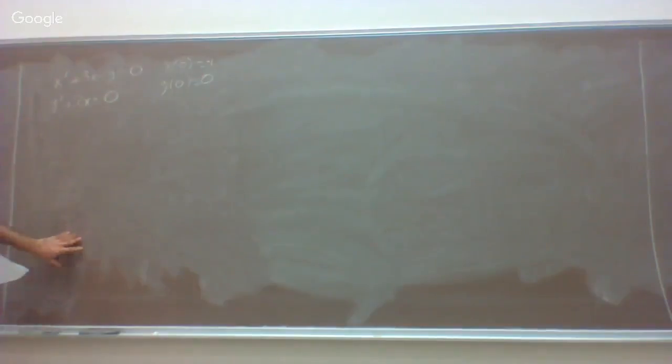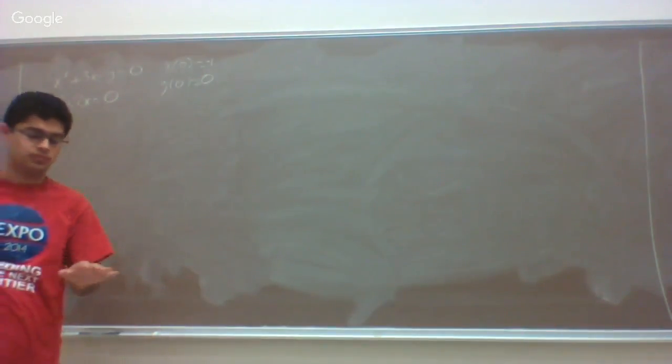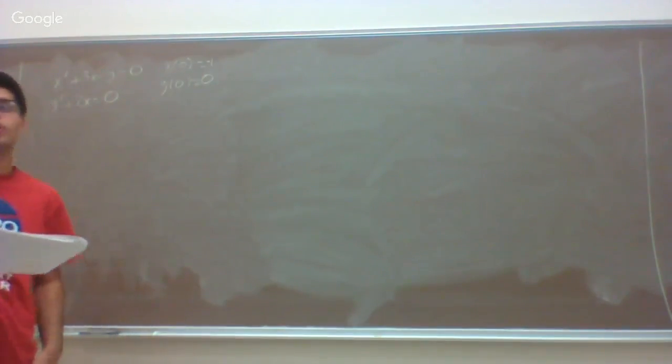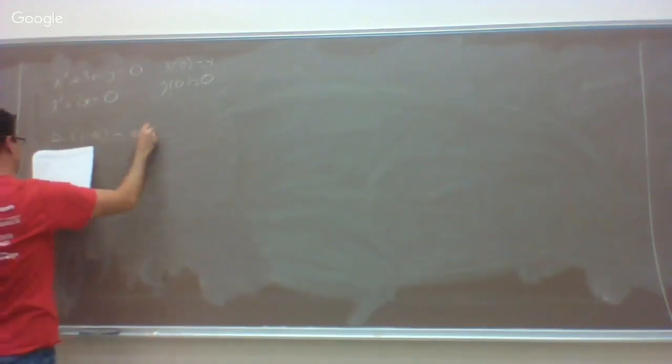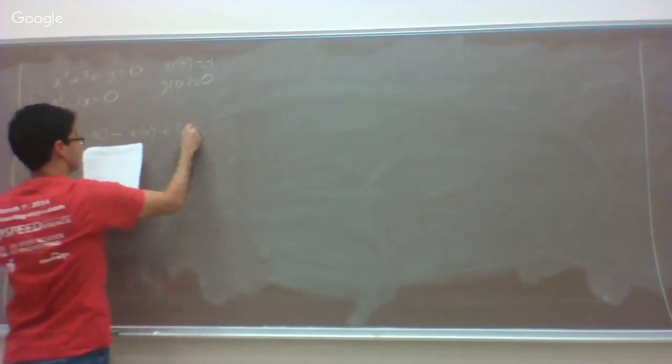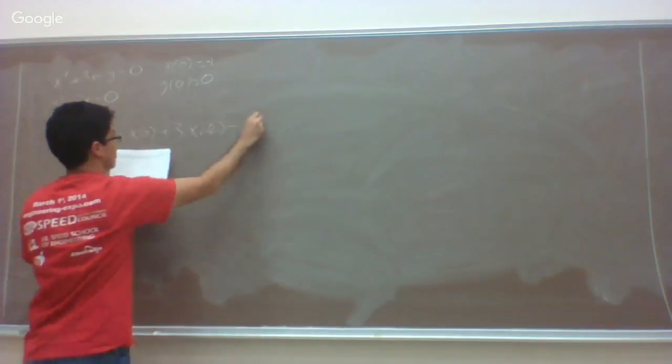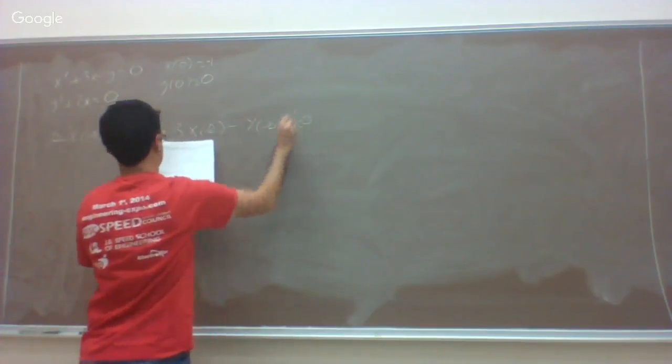So we use Laplace to solve it. Again, this sort of problem, once you've seen one of these problems done, it shouldn't be too hard. It's just not getting lost in the algebra. So doing the Laplace of the first equation, I have s times X of s minus x of 0 plus 3 X of s minus Y of s equal to 0.